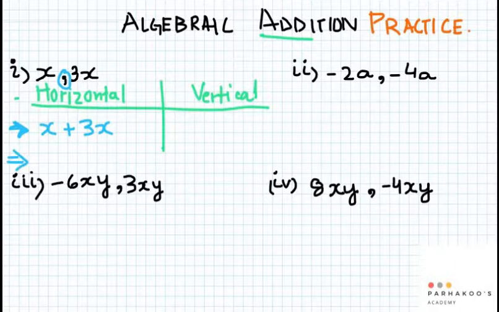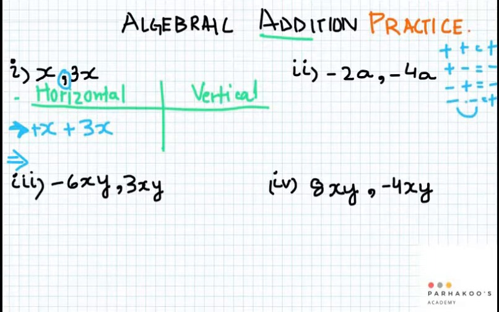Now if there is no sign, there is a plus sign. So you should remember this thing: plus plus is plus, plus minus is minus, minus plus is also minus, and minus minus is plus.